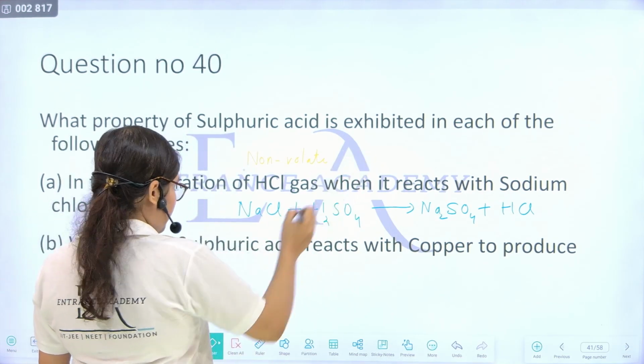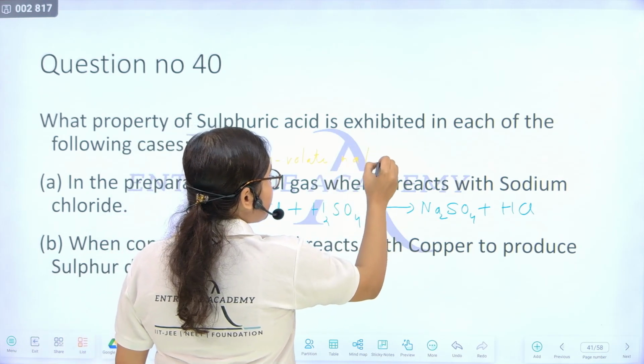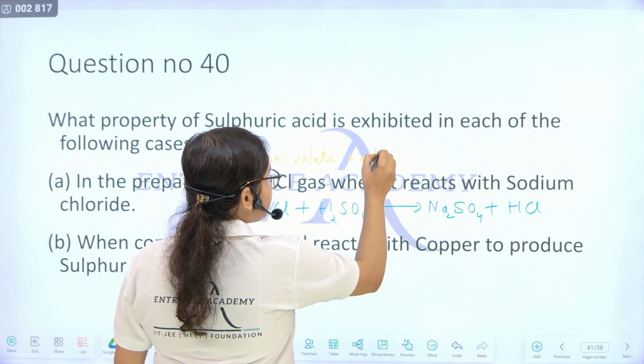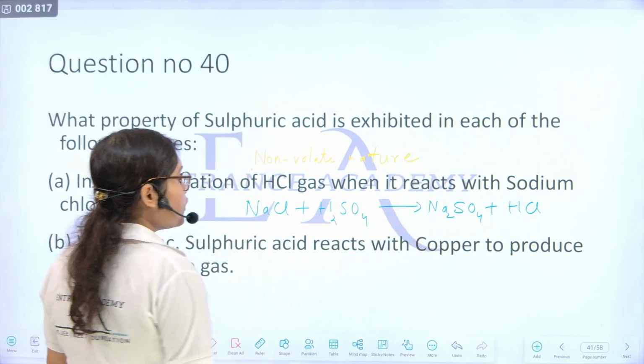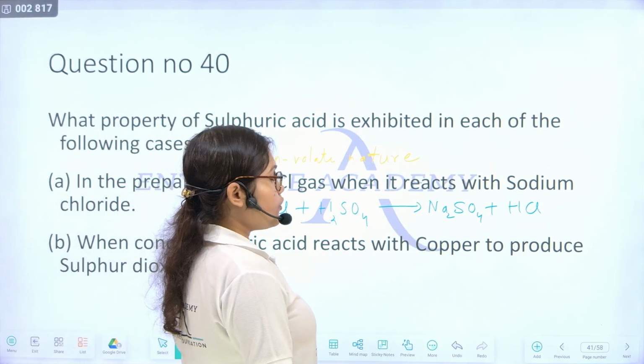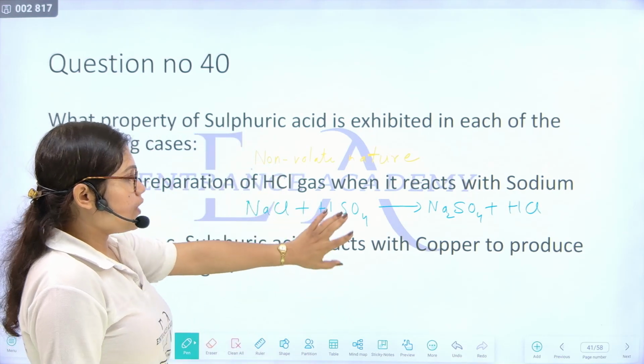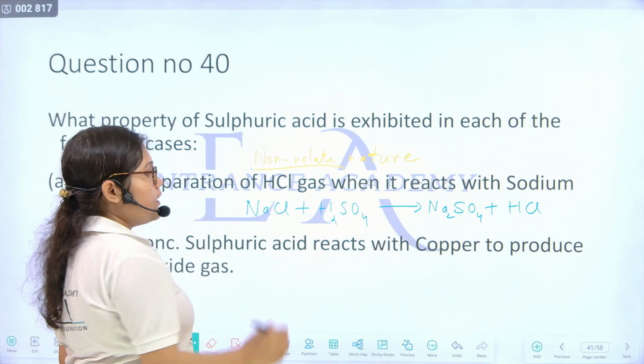We use sulfuric acid because of its non-volatile nature to prepare HCl. If nitric acid is volatile, we can't use it to prepare HCl. You have to use sulfuric acid because of its non-volatile nature.